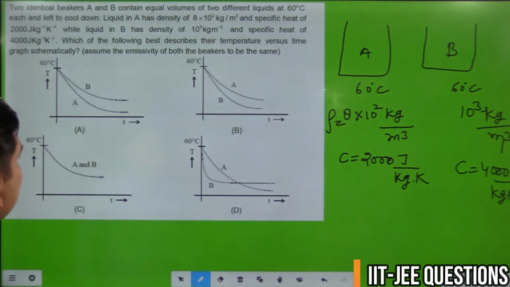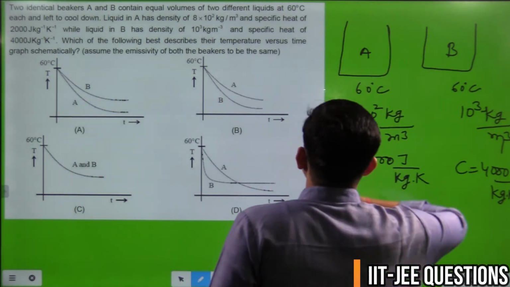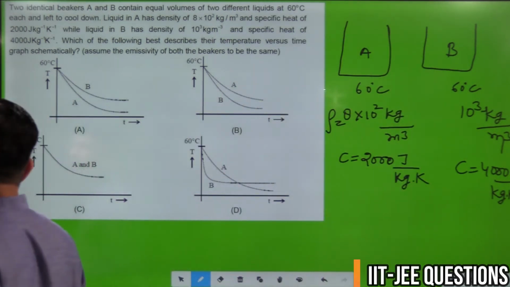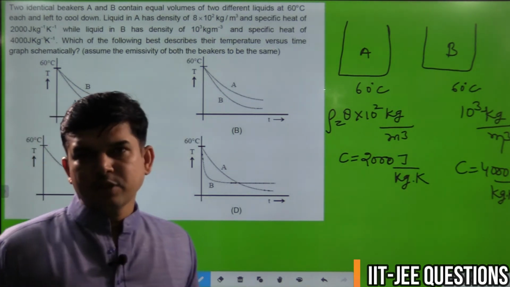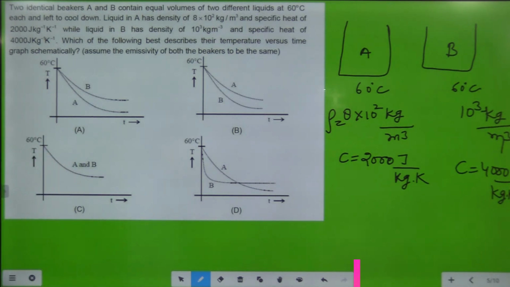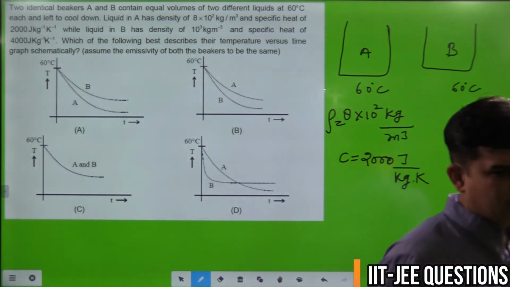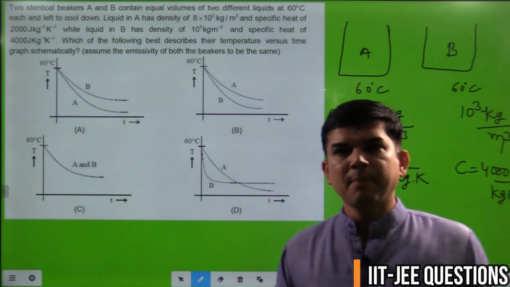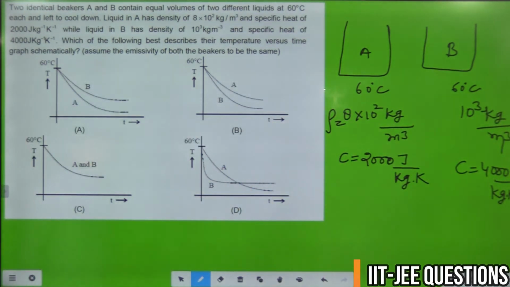Which of the following best describes the temperature versus time? The liquid filled in both the containers will lose its temperature with respect to time, means the temperature of the liquid decreases continuously. As we know, if a system is placed in surroundings, it will lose its temperature due to the temperature difference of system and surroundings.